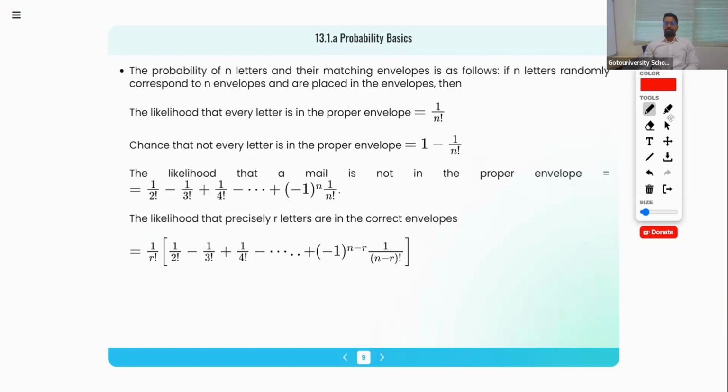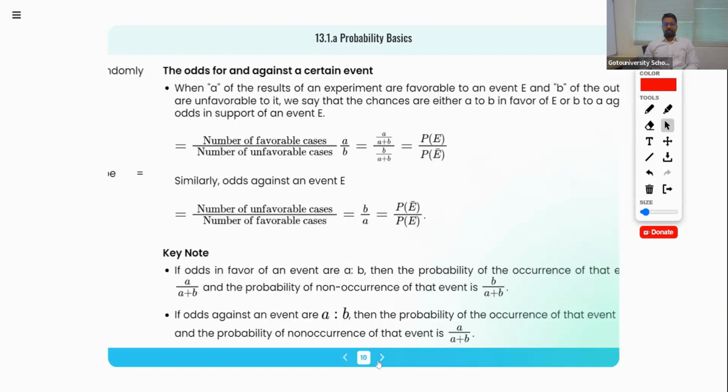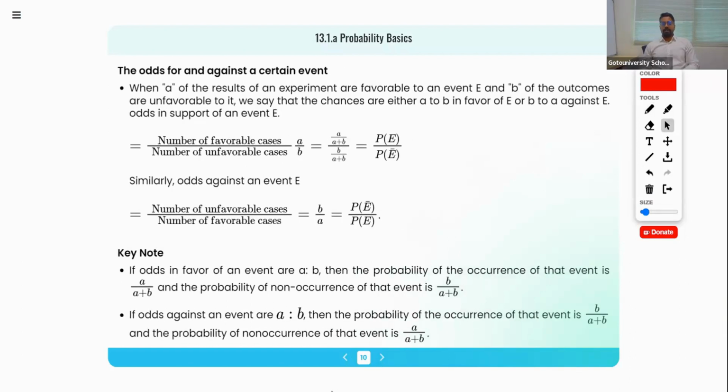So let's go to the next part of this class. Another important terminology we need to know is odds in favor and odds against. So what is odds in favor of an event? For that, you need to know the probability of an event.